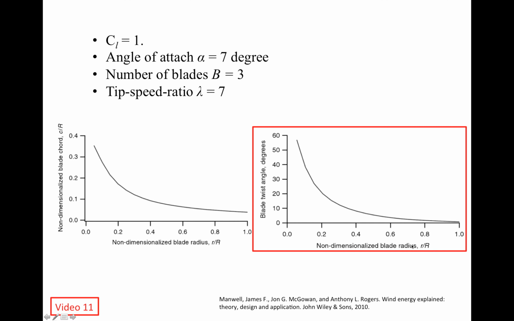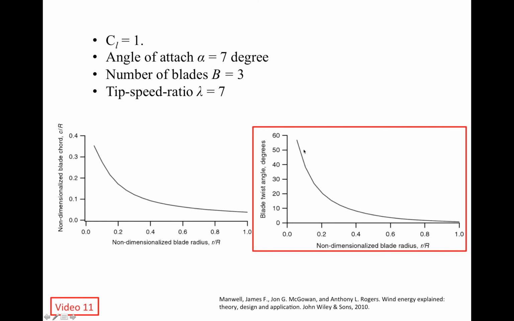The horizontal axis is the normalized, non-dimensionalized blade radius, from the root of the blade towards the tip. The vertical axis is the blade twist angle. Close to the root, the twist angle is almost 60 degrees, but at the tip of the blade, the twist angle is 0. So the blade is actually twisted.